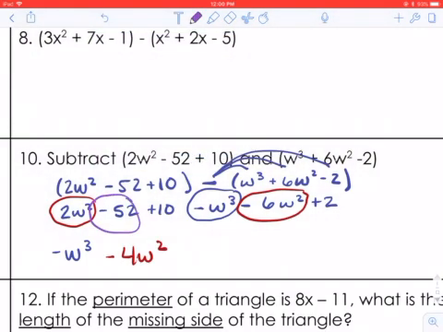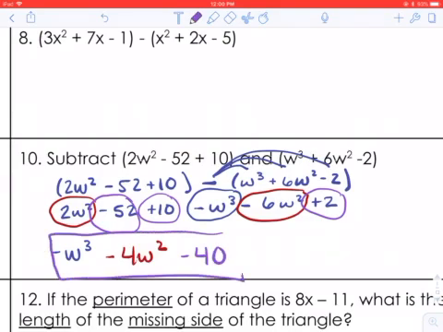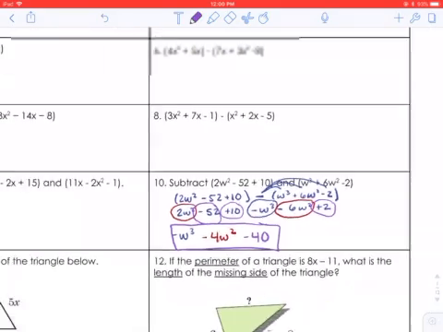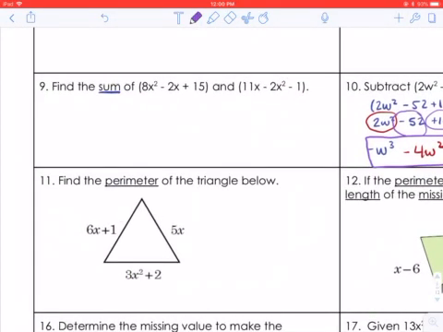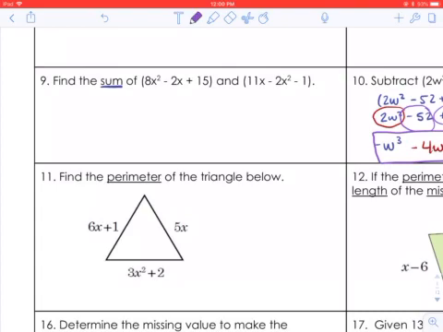So I've got negative 52, 10, and 2, which is going to leave us with negative 40. So be very careful on that one. A lot of times we'll forget that negative on the w cubed. So just pay close attention to your signs. All right, go ahead and give number 11 a try.